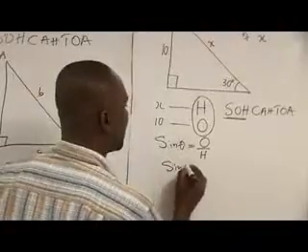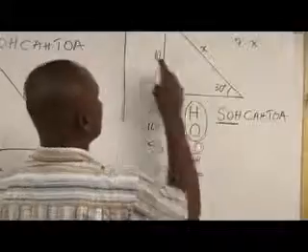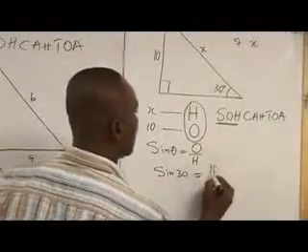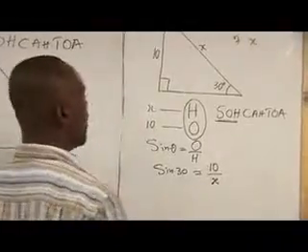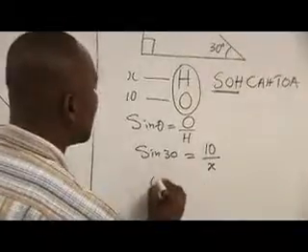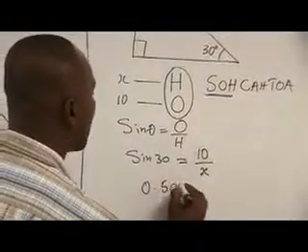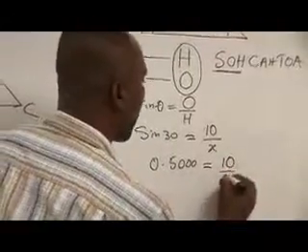Sine 30 is equal to what? Our opposite is 10 over hypotenuse. That's the unknown, x. Alright. What's sine 30? I checked my 4-figure table and I found that this is 0.5000. And this is equal to 10 divided by x.